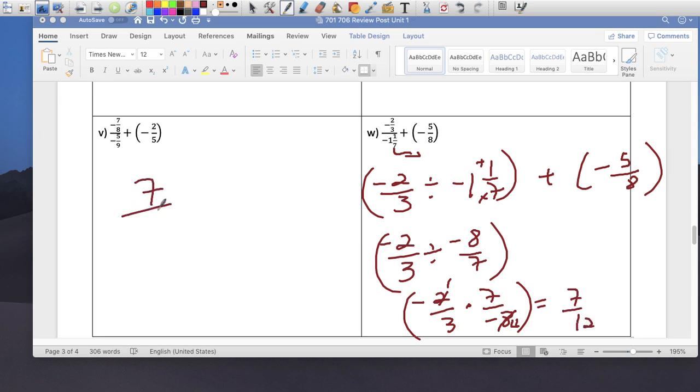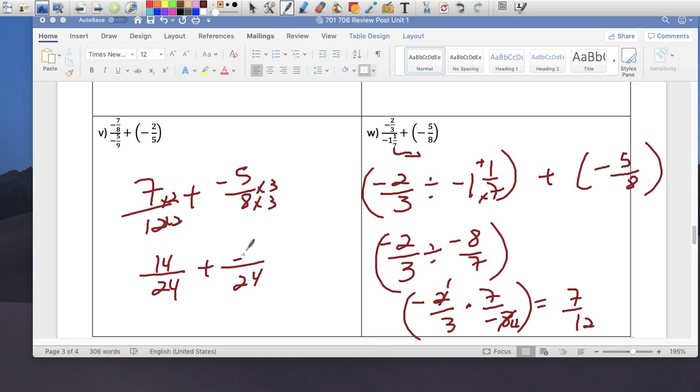So I'm going to get 7 over 12 plus negative 5 over 8. LCM is 24. Times 2, 2 times 7 is 14. Times 3, 3 times 5 is 15. That's 24 and negative 1 over 24. That's my final answer.